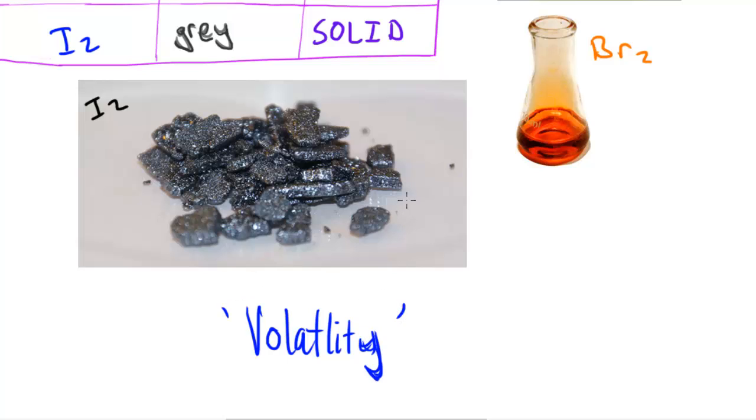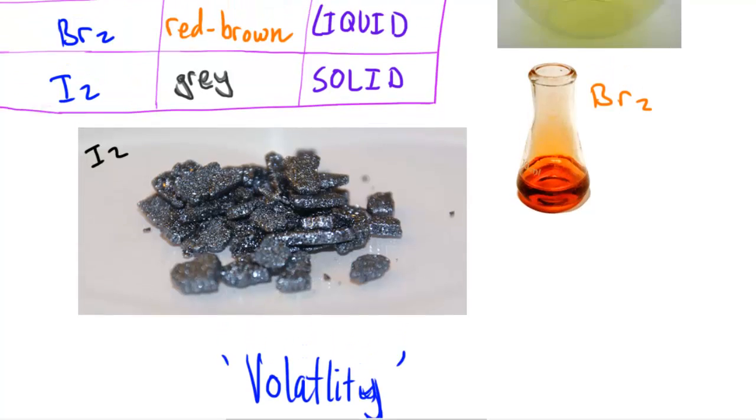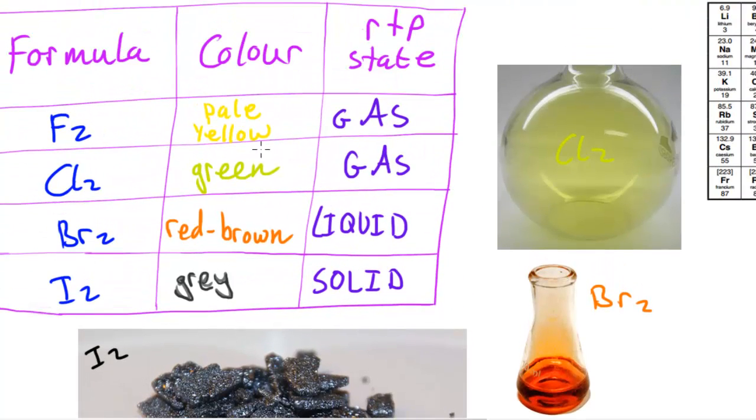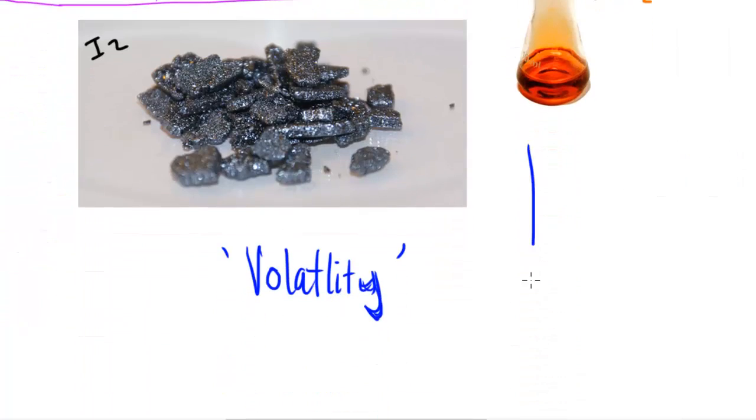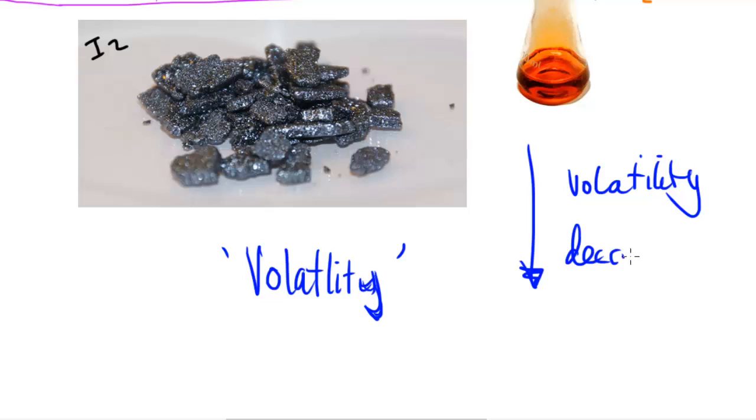Volatility means that something has a tendency to evaporate, and so in this case, since fluorine has the most tendency to evaporate, followed by chlorine, followed by bromine, and then followed by iodine, we can say that as we go down the group, volatility decreases. The tendency to evaporate decreases.